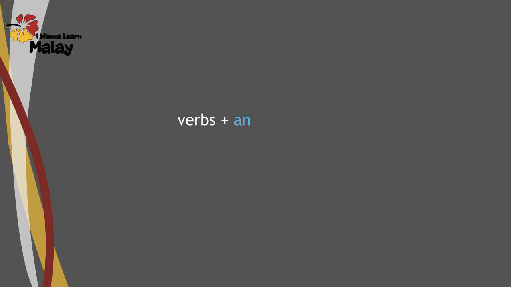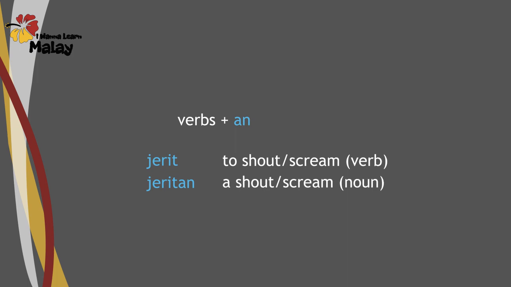For example, jerit. So jerit in Malay is to shout. If we add an at the back, it becomes jeritan. So this is a shout or a scream.